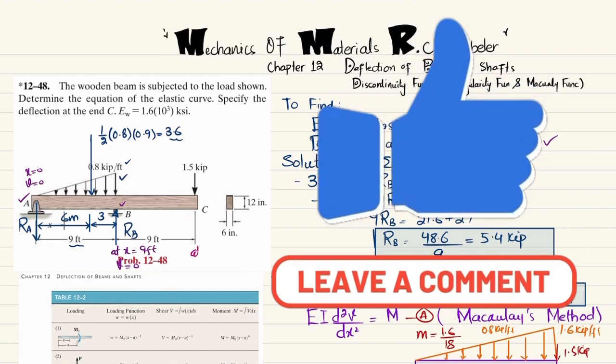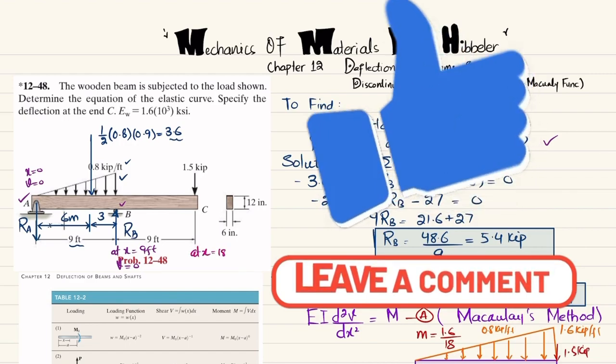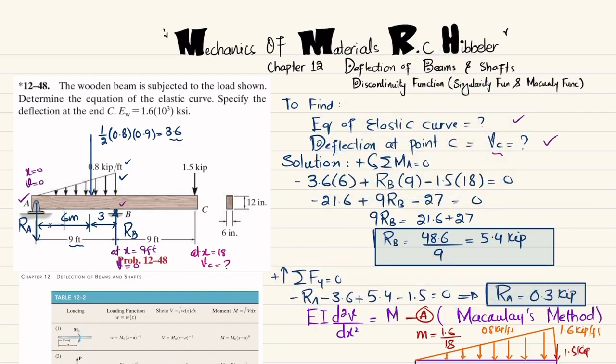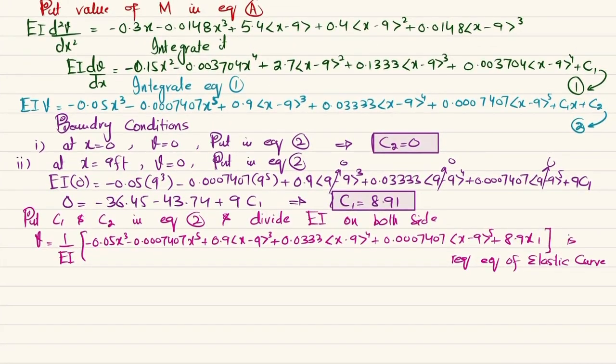In our next part, we have to find the deflection at point C. So at x is equal to 18 feet, the deflection is equal to vC. So we put x is equal to 18 feet in the above equation of the elastic curve.